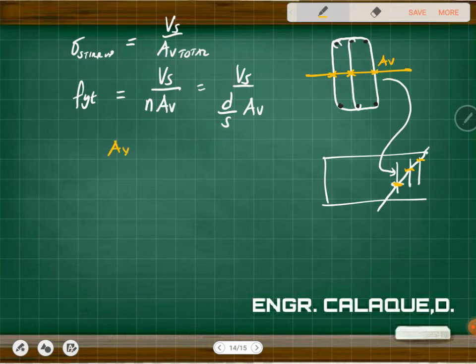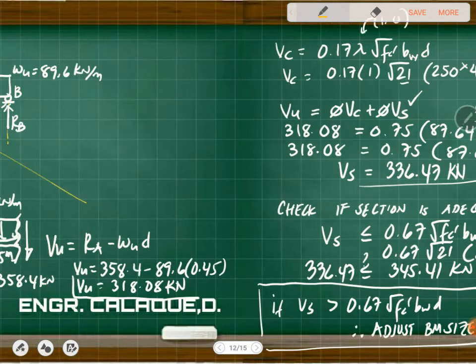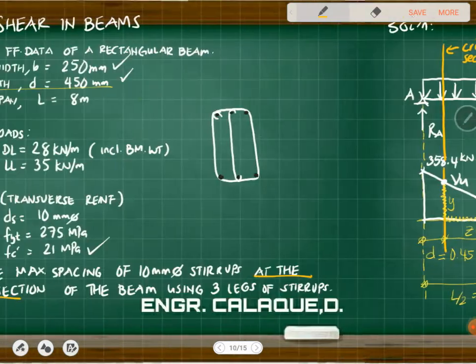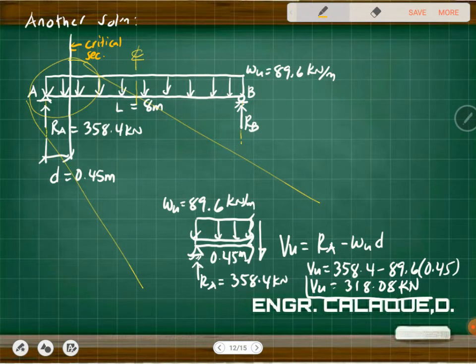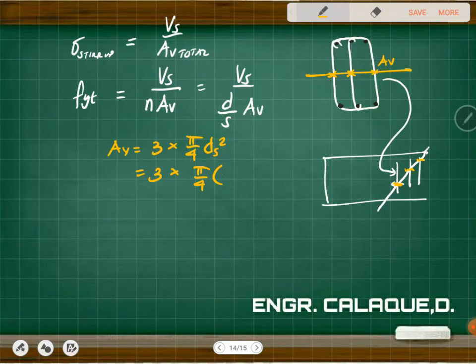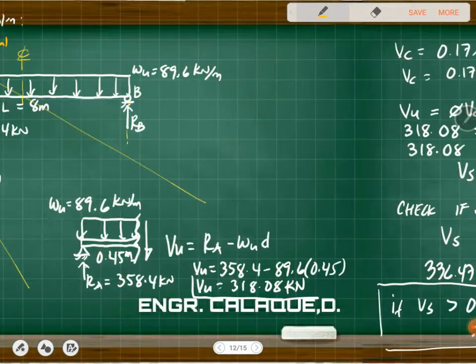So, yung EV dyan natin bisa 3 legs is 3 times nung pi over 4 diameter ng stirrup squared. So meron tayong 3 times nung pi over 4. And alam natin yung diameter ng stirrup is given 10 millimeter. So therefore we have 10 squared. So substitute ko na lang lahat, no? So yung FYT natin is also given.